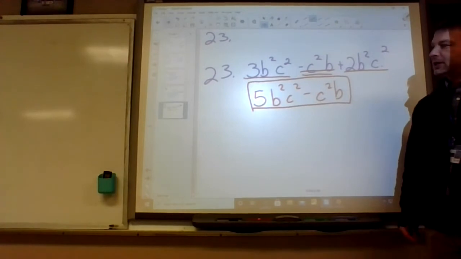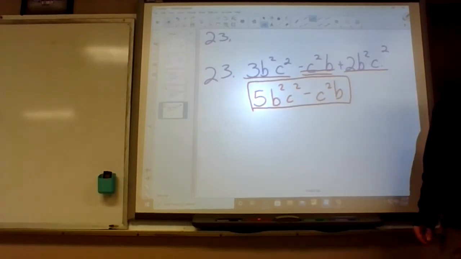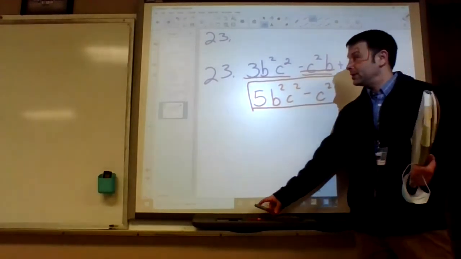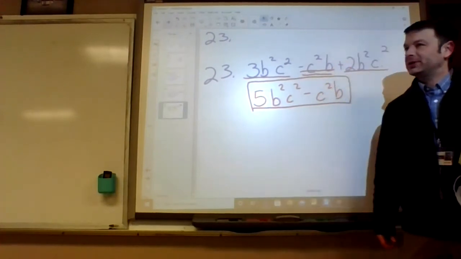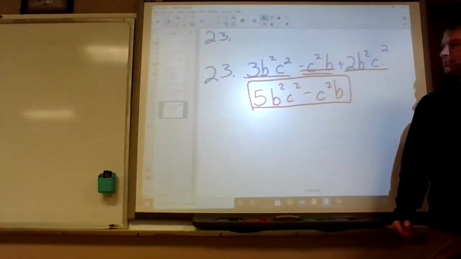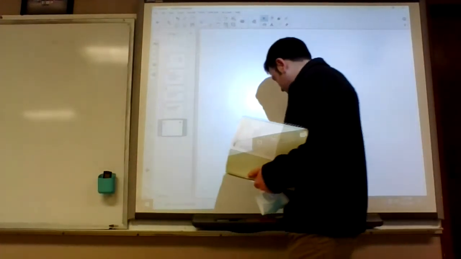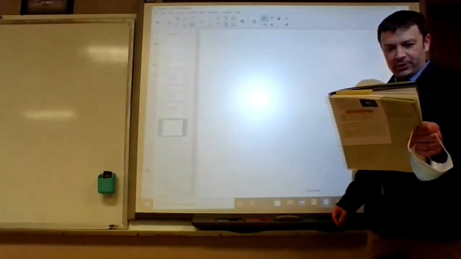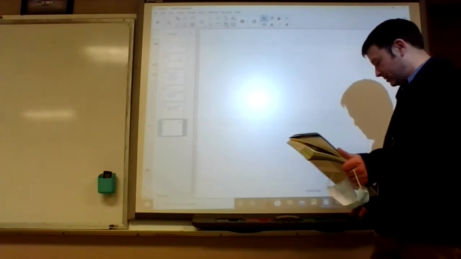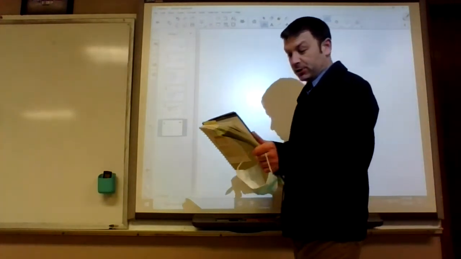Can't. If you have 5 of one thing minus 1 of something else, it doesn't equal 4 of anything. So that's as simple as we can get it. You can only add and subtract like terms. We've done add and subtract like terms before. They haven't been quite this big and interesting.